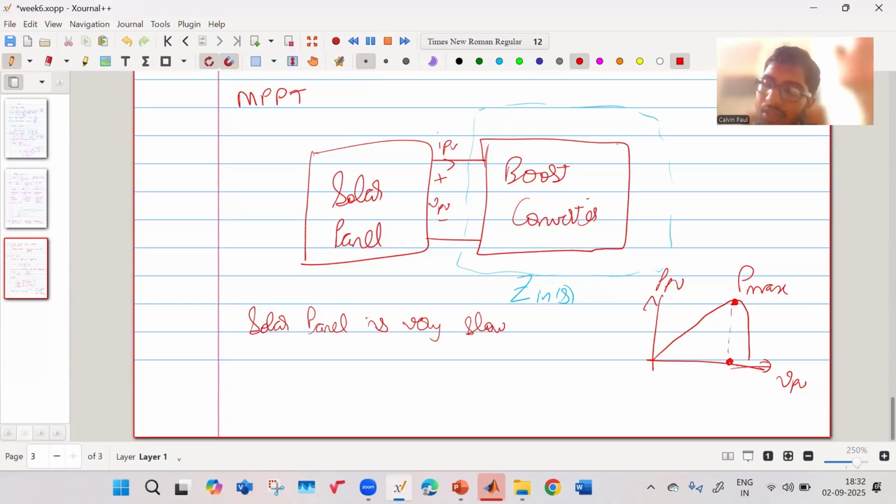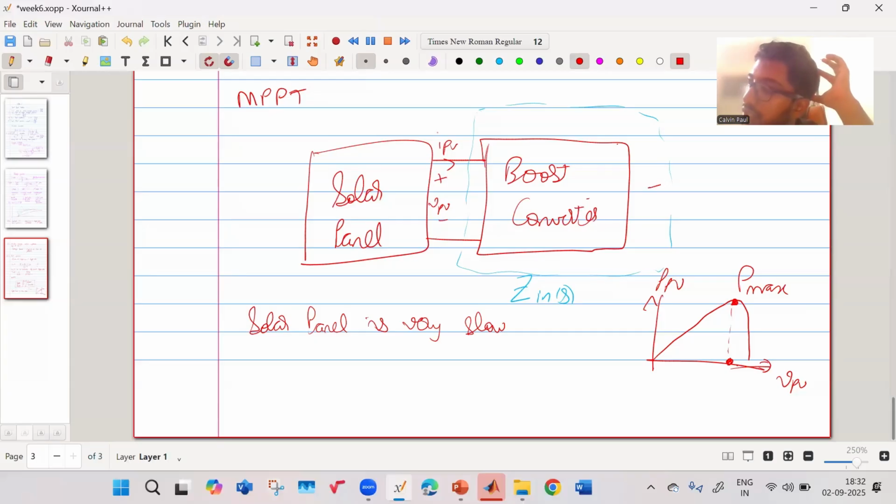Your temperature doesn't change so drastically. It's a very slow process. And the sunlight which is coming doesn't change instantaneously. It is a gradual change.